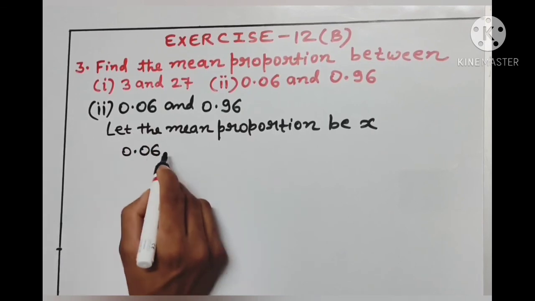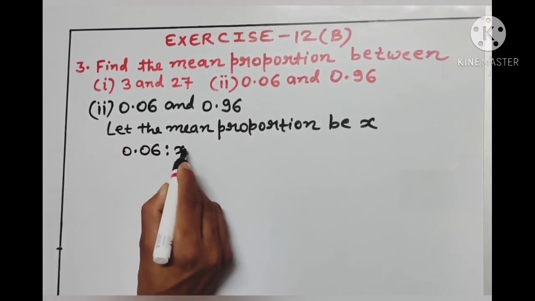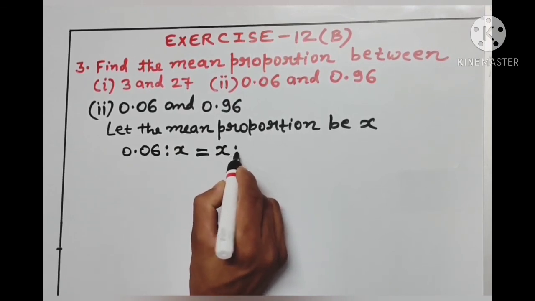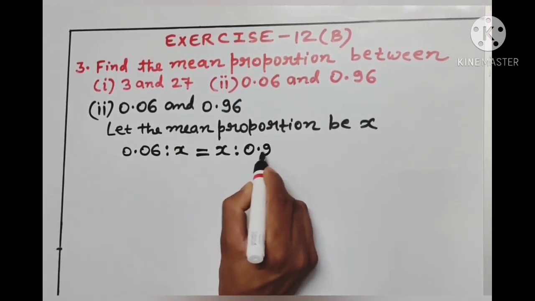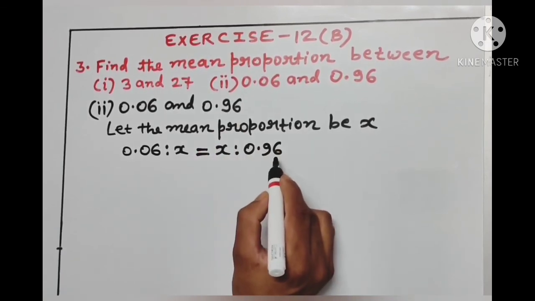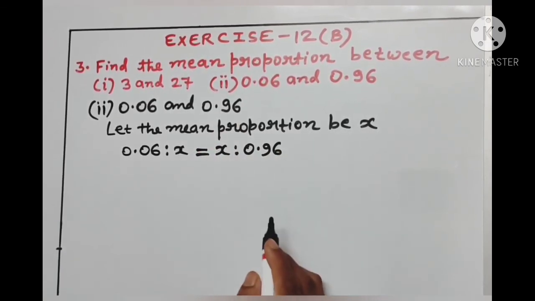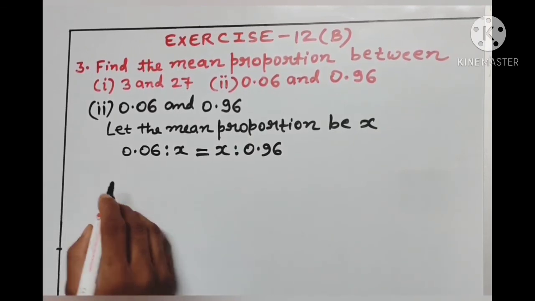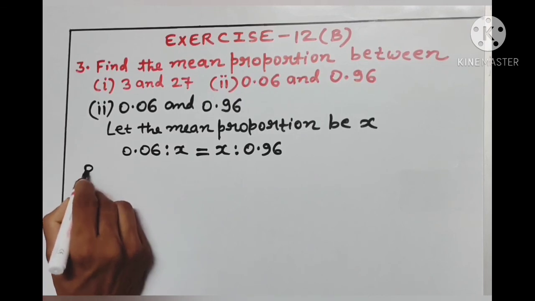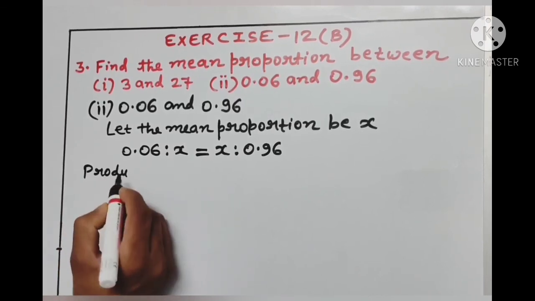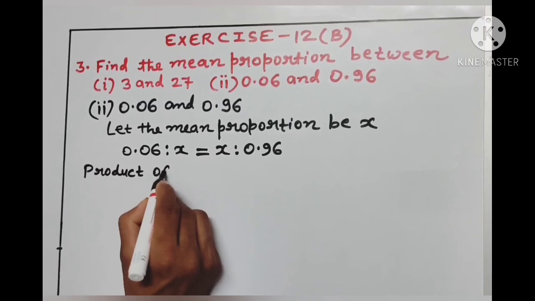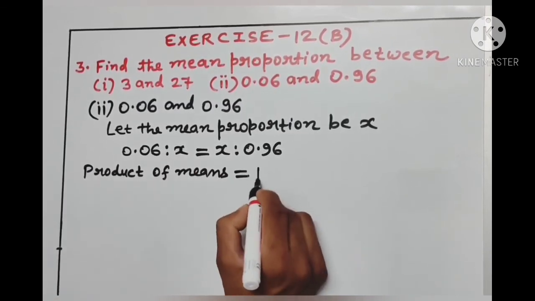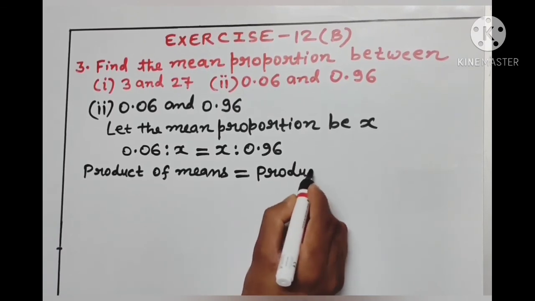Okay. Now if the mean proportion is x, then 0.06, this number, is to x equal to x is to 0.96, this number. Clear? Now again we are going to apply the rule of the proportion, and it is product of means is equal to product of extremes.